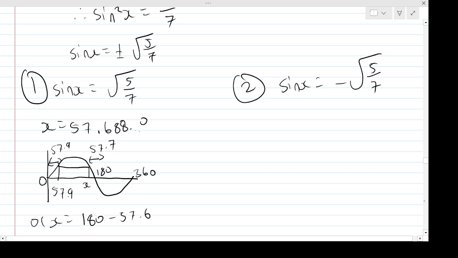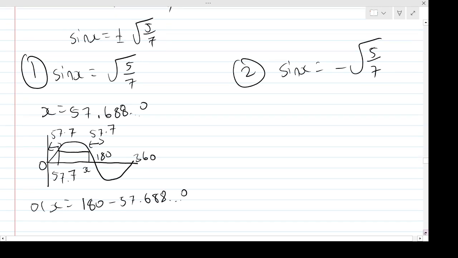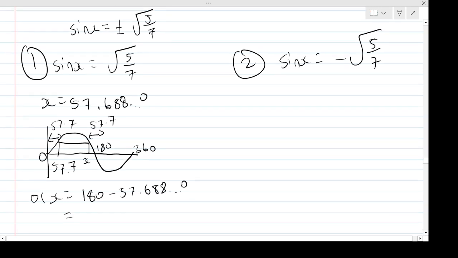57.7, sorry. That was it rounded. Sorry, 57.7, not 9. There we are. So 57.688. If I do that on a calculator, I get 122.31 blah blah blah degrees.